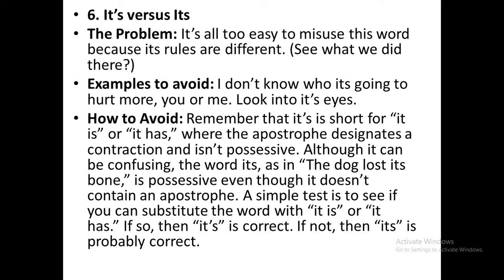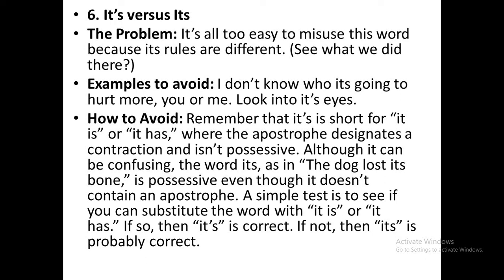So now you have to be very careful with this section about how to avoid these mistakes. I am going to repeat again. Remember that it's is short for it is or it has, where the apostrophe designates a contraction and isn't possessive.